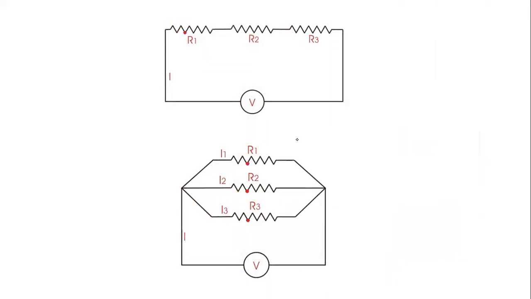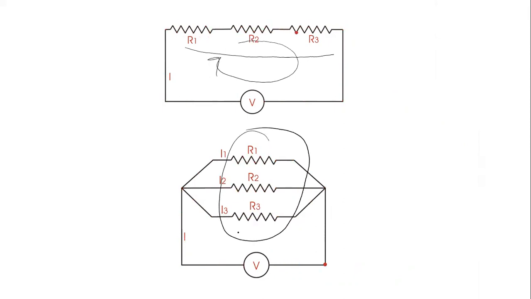Now, as you can see in this GIF diagram, these resistances are in series, guys, so they are sharing the same current. The same current is flowing in this loop. And here, these three resistances are in parallel to one another, so the current flowing here divides at this junction, going into these three branches.